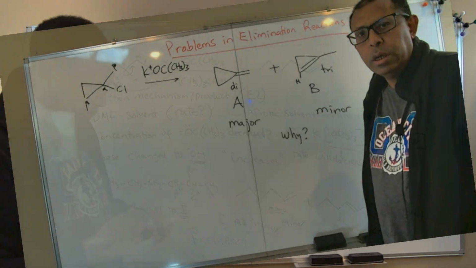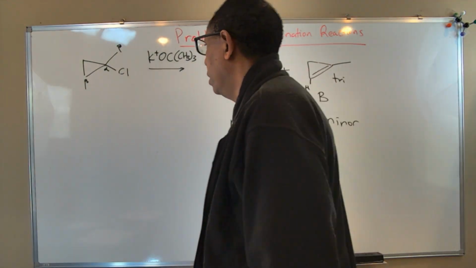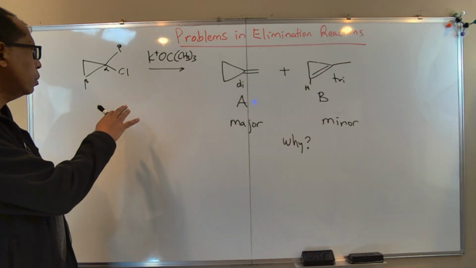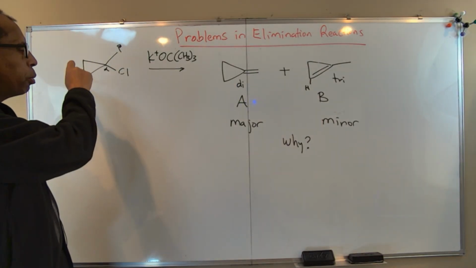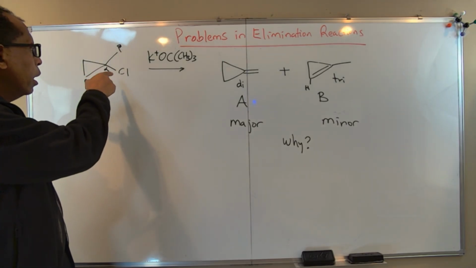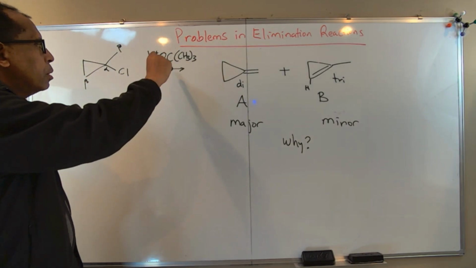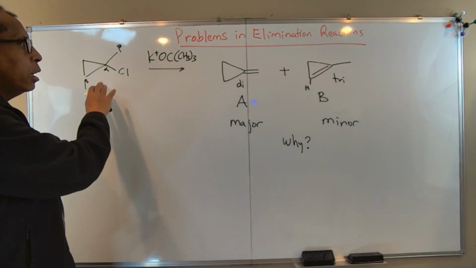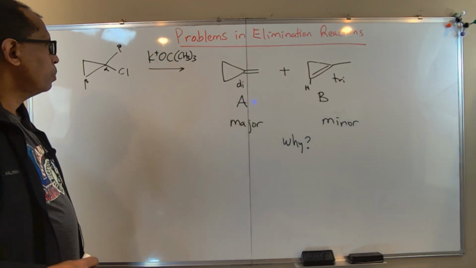Okay, continuing our discussion of the elimination reaction. We have a problem here which shows the cyclopropyl system, a halide obviously, and potassium tertiary butoxide, a strong base, undergoing an elimination reaction.